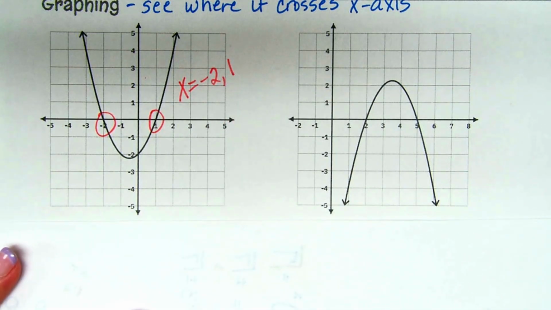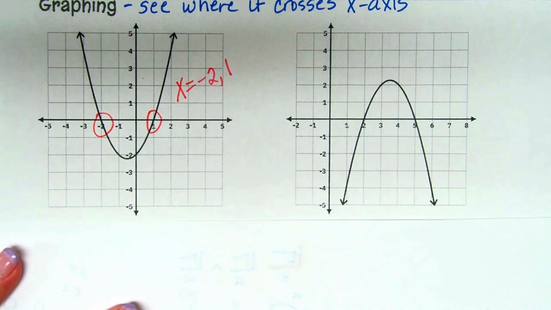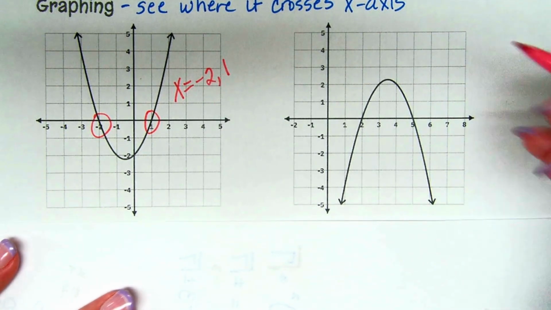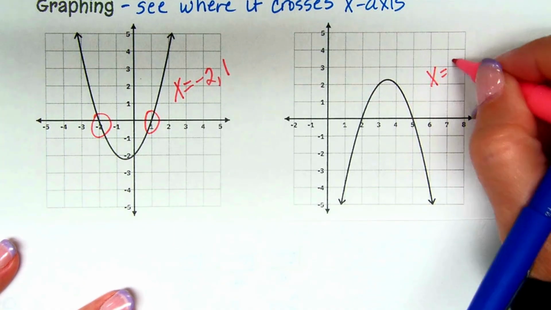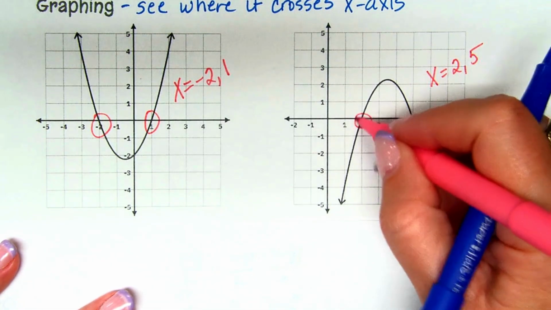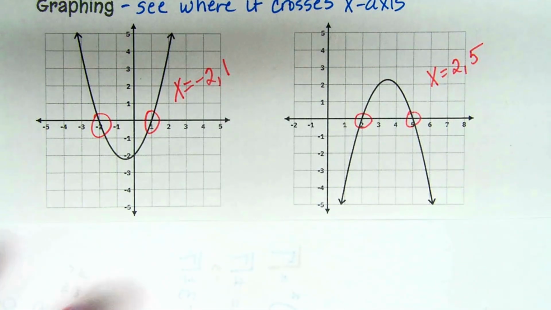Done. What about on the right graph? X equals 2 and what? 5, because why? Done. Are they always that easy?